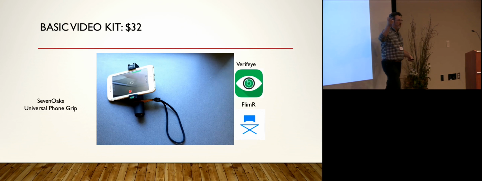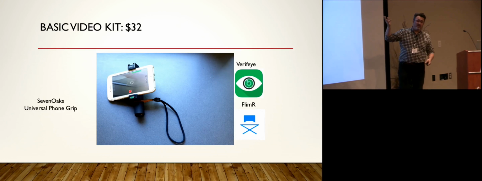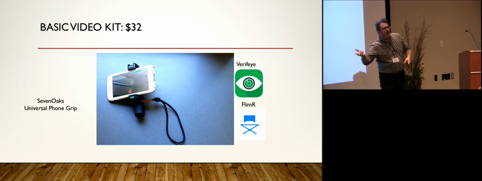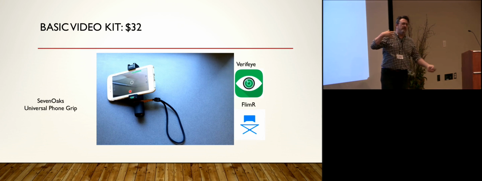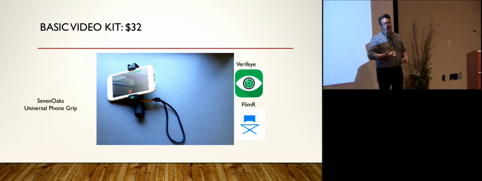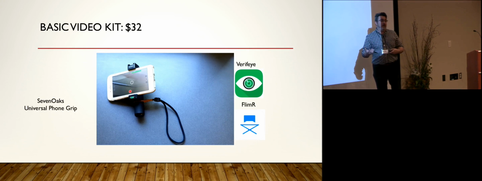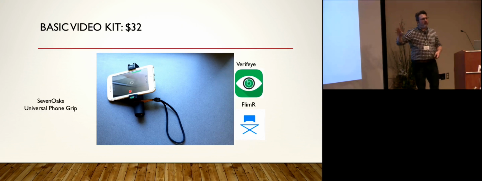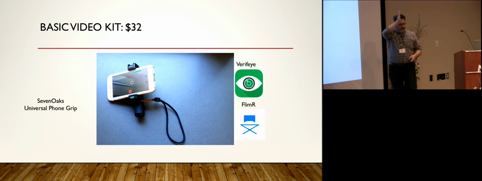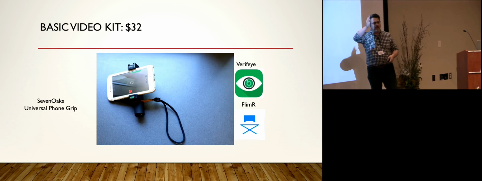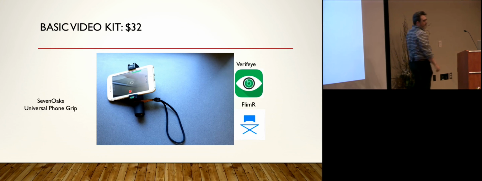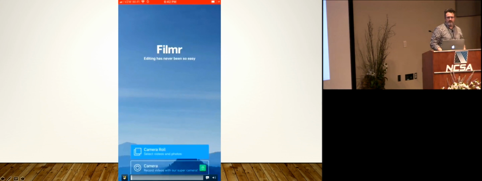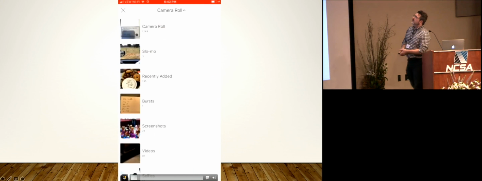If any of you are familiar with an app called Clips, which was purchased by Google two or three years ago, and if you go into Google Photos now, it's their default video editing interface. Filmr basically ripped off the entire analogy. So here's what editing looks like, and this is great if you don't have to do voiceover, and if you're just cutting sound bites next to each other, next to each other, and you want to put something up very quickly. It really is this simple. I apologize for the view into my camera roll you're going to get.